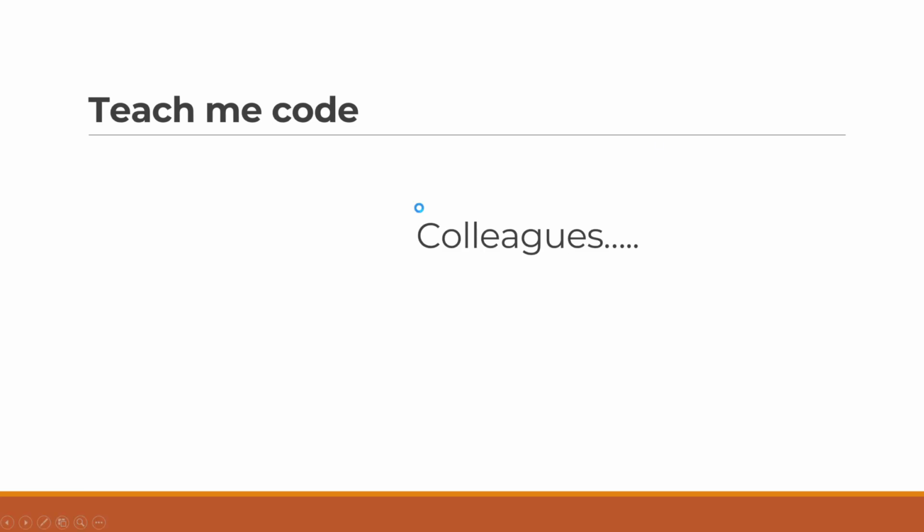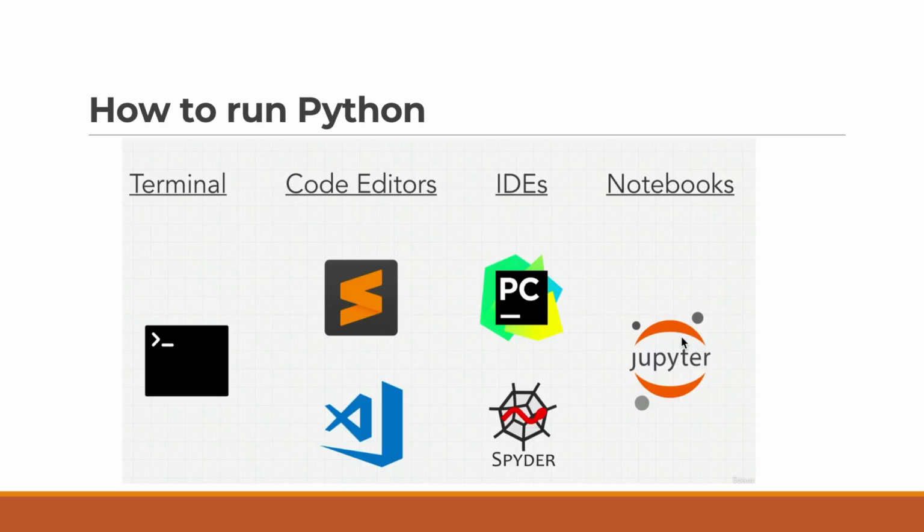I said that we are going to start coding, and we need to at least understand how to run the Python code. I was trying to show you that you can run your code in the terminal, in a code editor, in an IDE, which is an integrated development environment, or in a notebook.